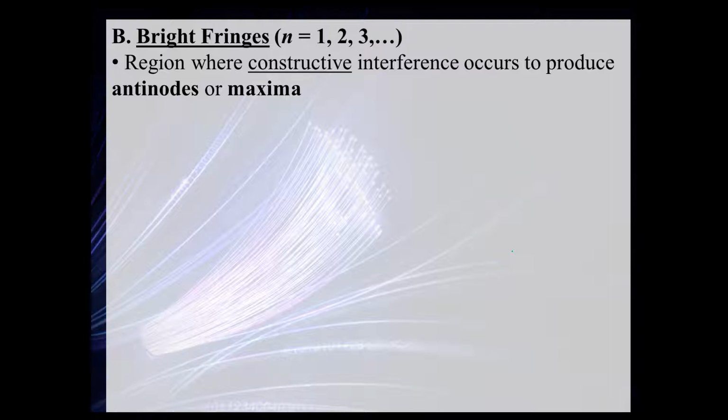Again, constructive interference means that crest meets crest, trough meets trough, to give you a much larger superimposed wave with a bigger amplitude. And in terms of light, that corresponds to the bright spots we're seeing. And that produces my antinodes. Think antinodes, amplification, or areas where I have maximum amplification.